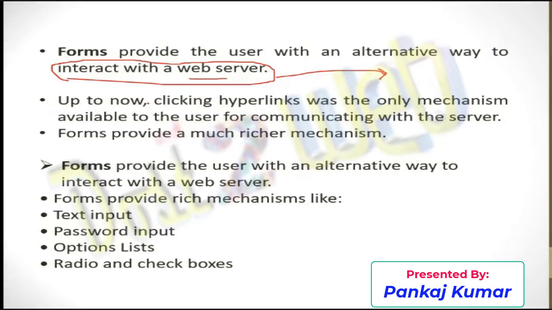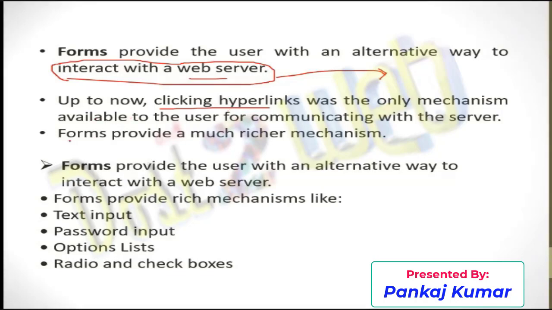Up to now, we were just learning about clicking hyperlinks, and this is the only mechanism to communicate with the server. That means you have an about us button, you have a contact us button. When you click, it will take you to the particular page. Only that way we used hyperlinks on the website.